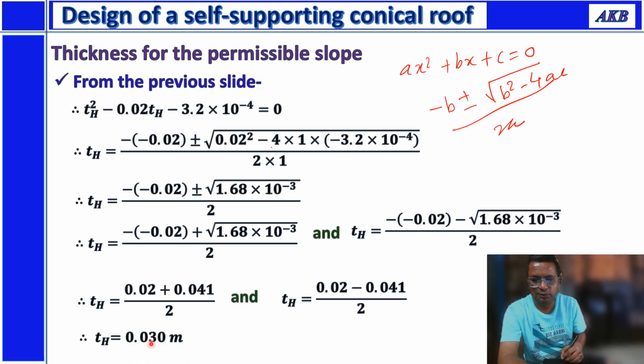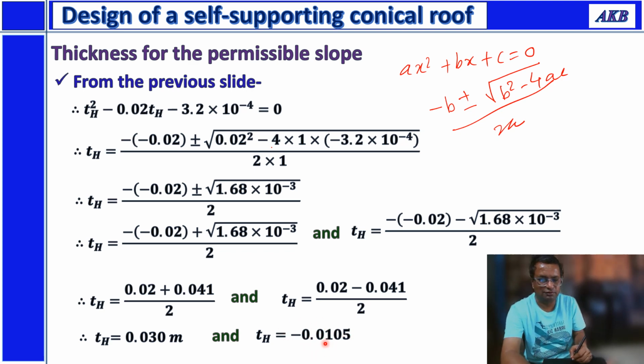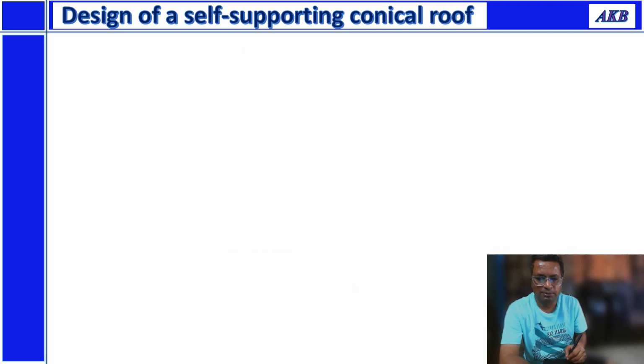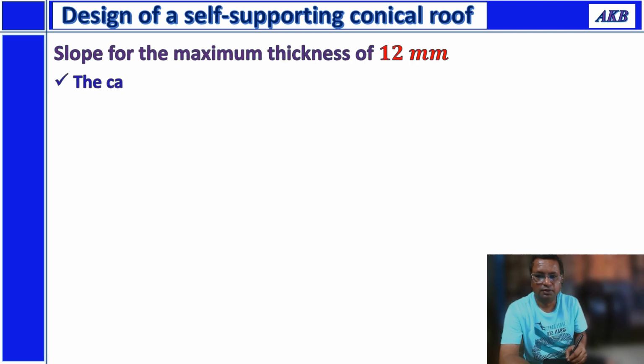So th will be 0.03 meter, or it will be 0.0105, but this is a negative value and thickness cannot be negative, so we are going to discard it. We are going to continue with this.